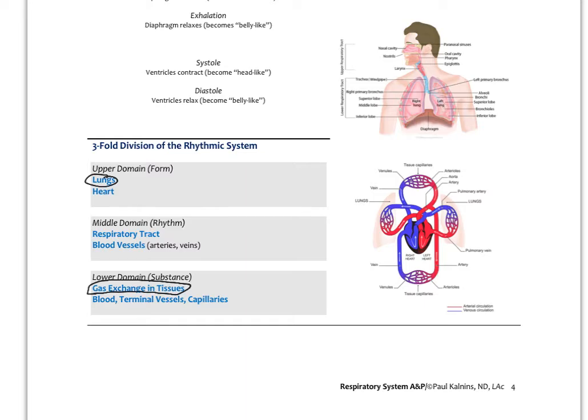And the whole respiratory tract could be seen as an intermediate there. Same with the heart. We can see the heart more as the head of the cardiovascular system, the blood vessels as the mediating middle zone, and the capillaries as the metabolic zone in the tissues. So there's a further threefolding there. Again, this is more just to help you think about the relationships between these different systems.